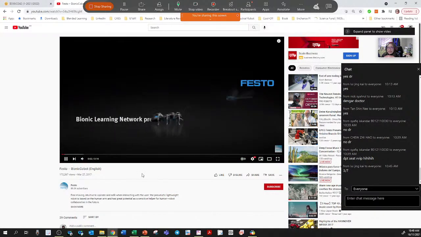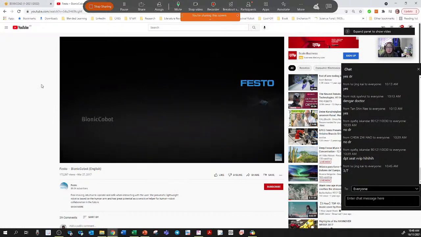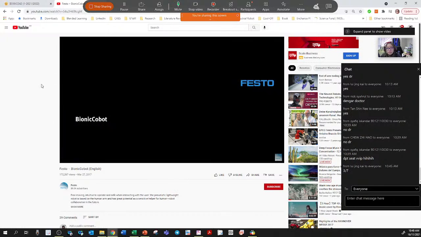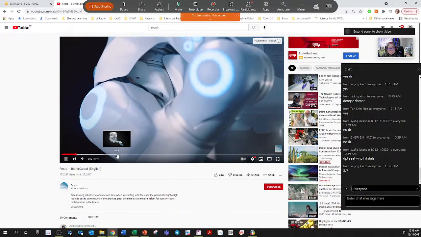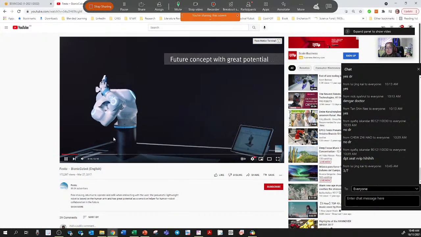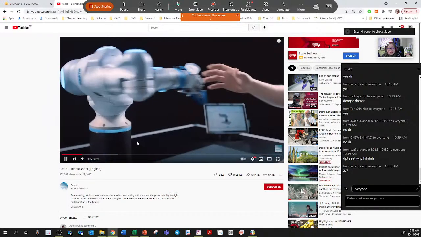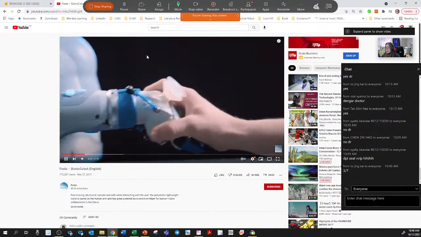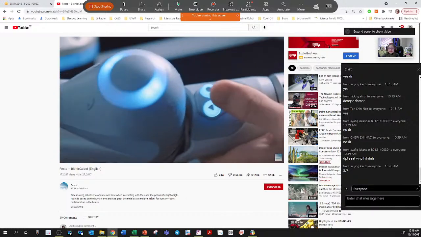Okay, this Festo one has lots of ads on a bionic robot. What robot is this? Oh, it's actually half human. This is using a pneumatic actuator.